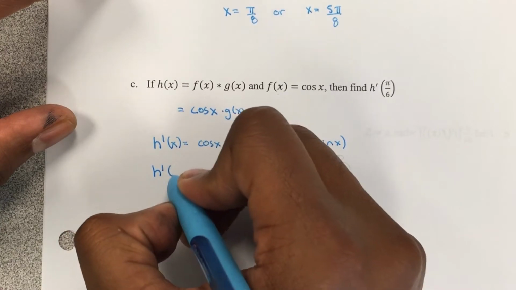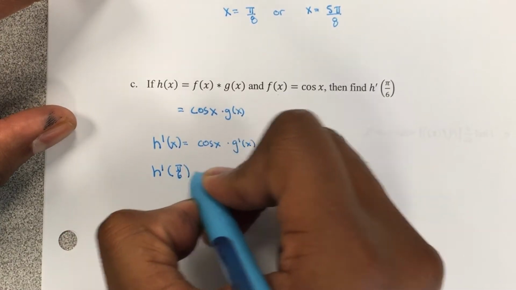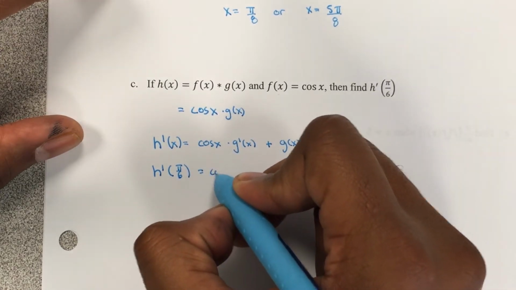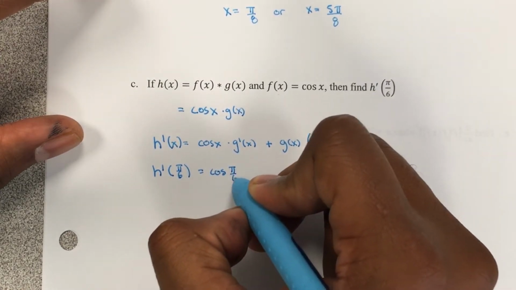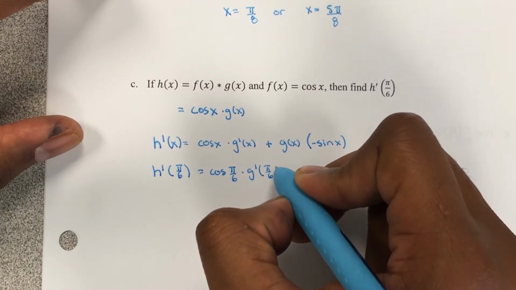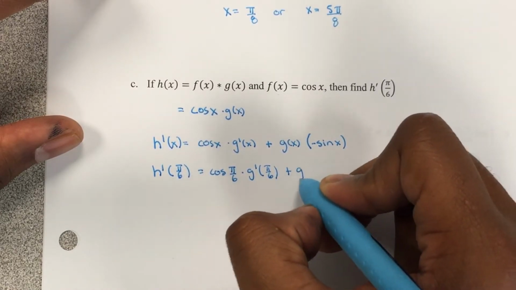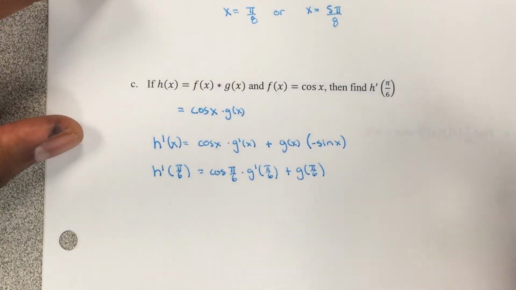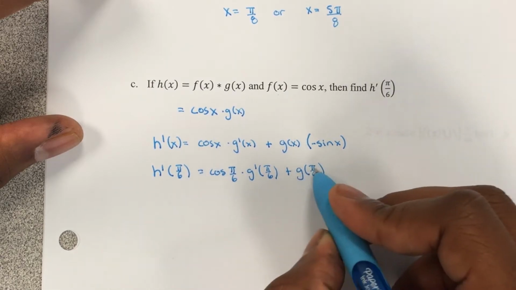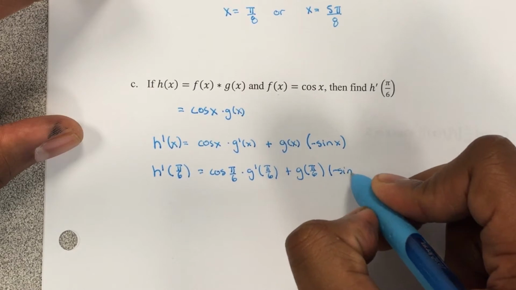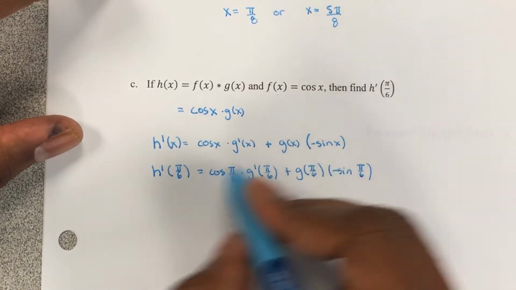And so h prime at pi over 6 is the cosine of pi over 6 times g prime of pi over 6 plus g of pi over 6 times the negative sine of pi over 6.